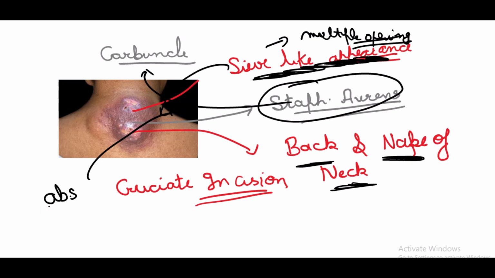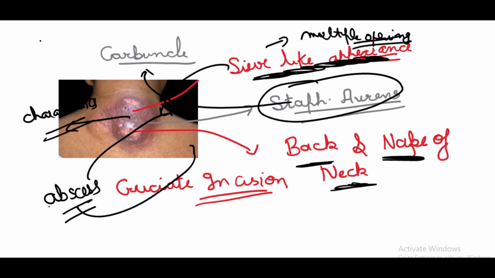So that is why it looks sieve-like. Apart from that, there would be central necrosis surrounded by a small area of necrosis that leads to its characteristic appearance. And it occurs predominantly in males over 40 years, and it is associated with diabetes.